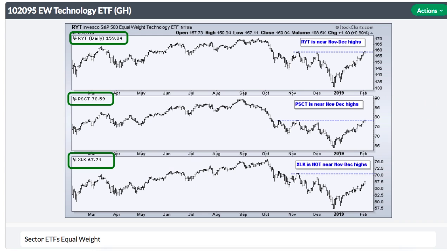My benchmark highs would be these November, December highs, which is marked by the blue line there on each chart. And you can see that RYT is just above those highs, clearly leading, and so is the small cap technology ETF, leading, whereas XLK is not. It is lagging those two because it is not above those highs, but it's still in the midst of a pretty strong short-term uptrend.